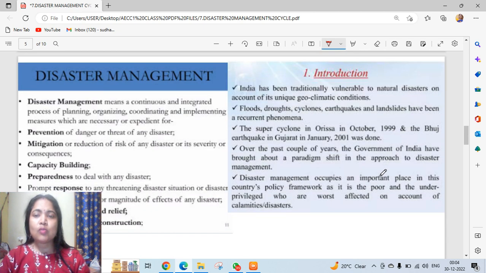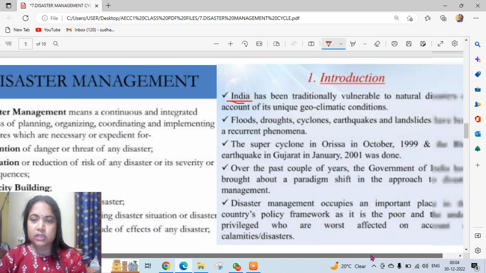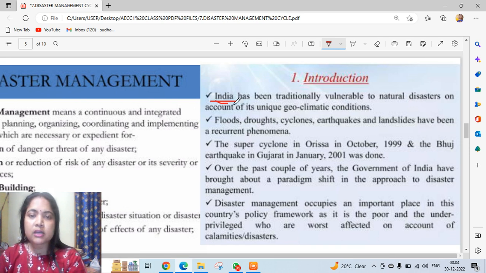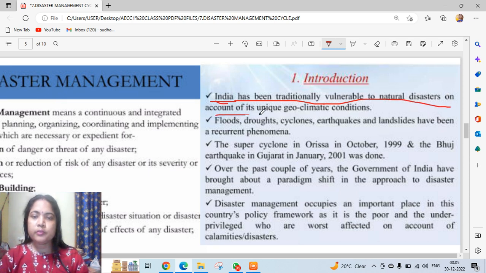Okay, so now come to disaster management. So you see here our country India. Let me enlarge the screen. Our country India has been traditionally vulnerable to natural disasters on account of its unique geoclimatic conditions, isn't it?